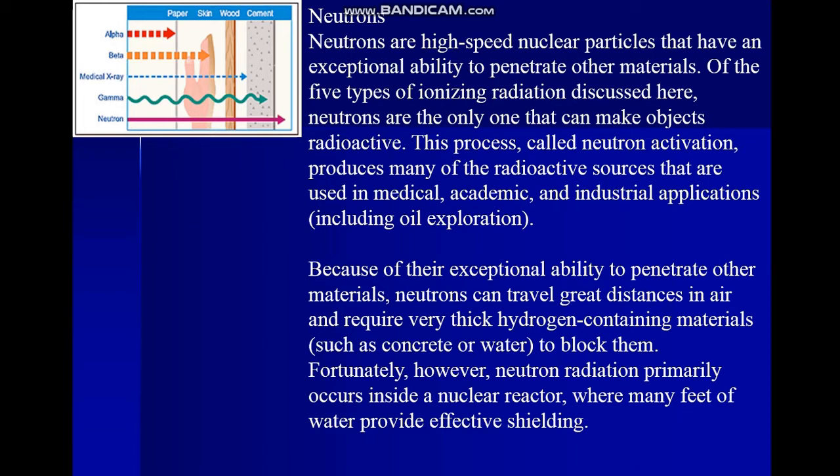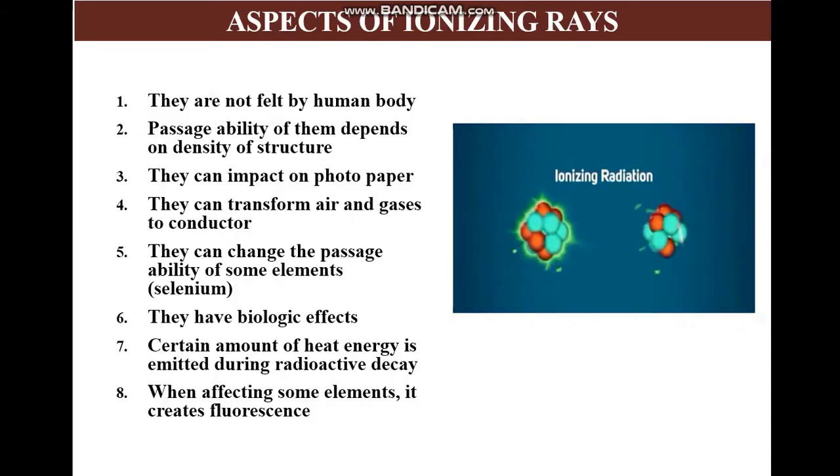Because of their exceptional ability to penetrate other materials, neutrons can travel great distances in air and require very thick hydrogen-containing materials such as concrete or water to block them. However, neutron radiation primarily occurs inside a nuclear reactor, where many feet of water provide effective shielding.